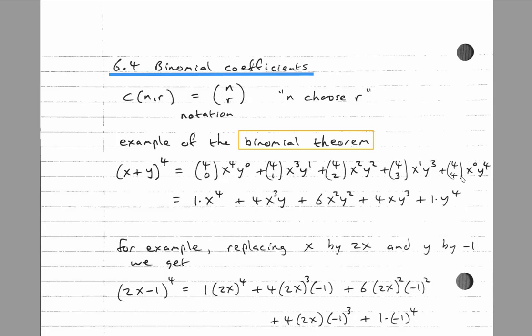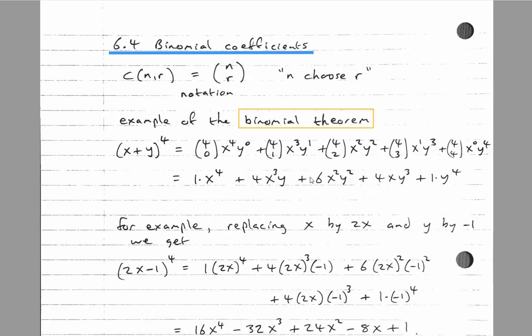Okay, so we get this pattern all the way over to 4 choose 4, x to the 0, y to the 4. So working these out, multiplying this out, you get this formula. And these binomial coefficients, 1, 4, 6, 4, 1. So that's the pattern, that's the binomial theorem.